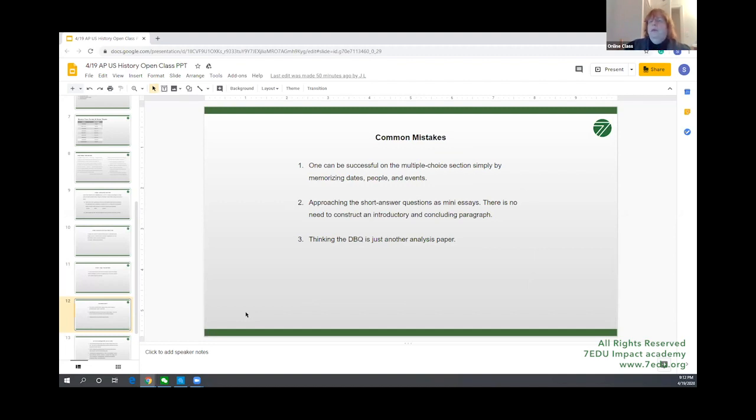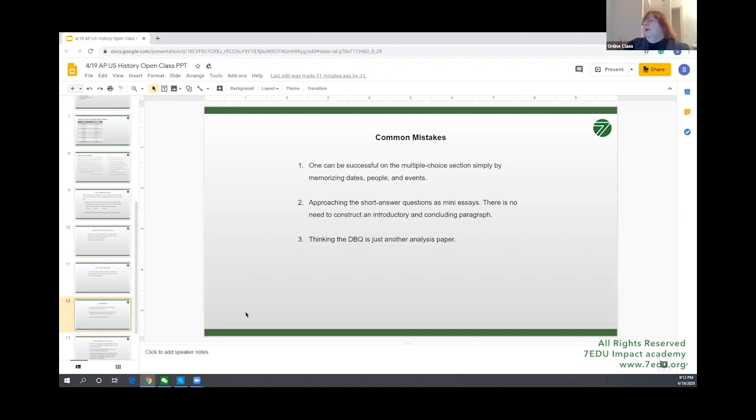Like in our sample, you have to know who Nathaniel Bacon was. You have to know what was happening at the time period. You have to know what caused him to write his manifesto. And then you have to be able to use those 7 historical skills, and you have to be able to determine which would be the best evidence if he were to use it.